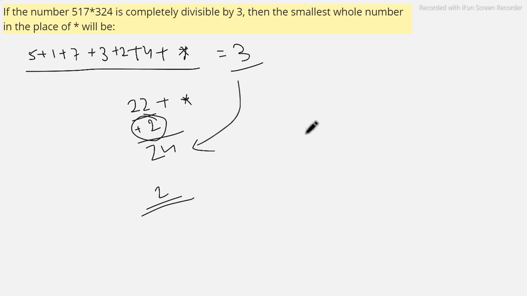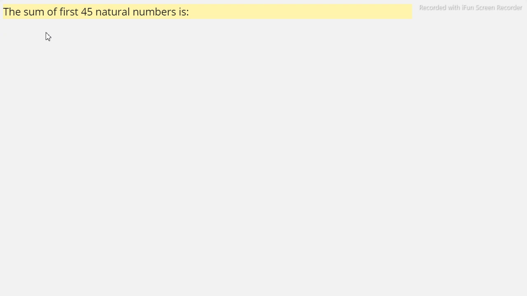Moving on to next question. The next question is the sum of first 45 natural numbers is. So we have a formula here, that is sum of n natural numbers is given by n into n plus 1 by 2.